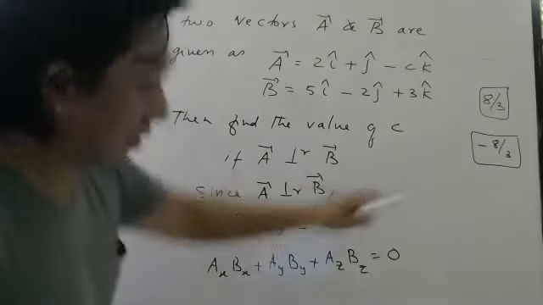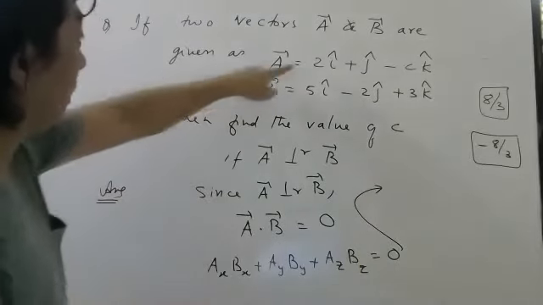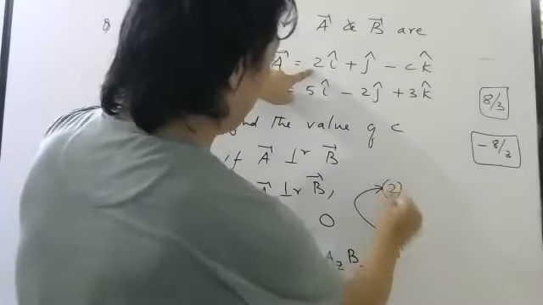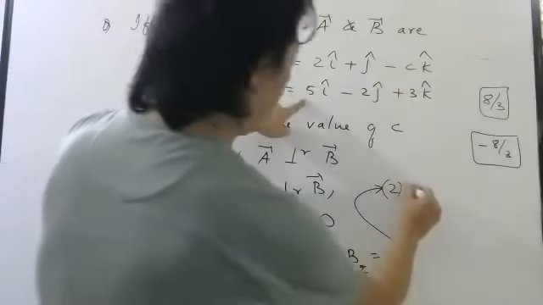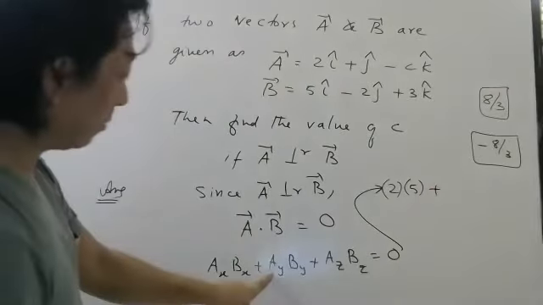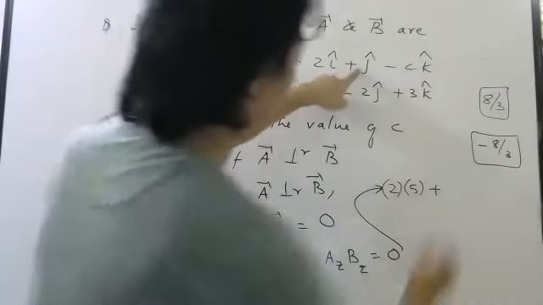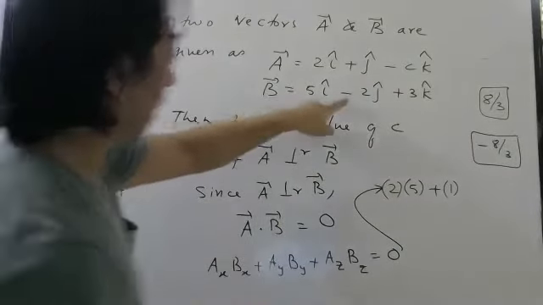Okay, where should I write? Here, let me write. What is the X component of A bar? 2. What is the X component of B bar? 5. Plus Y component of A? 1. Y component of B? Minus 2.